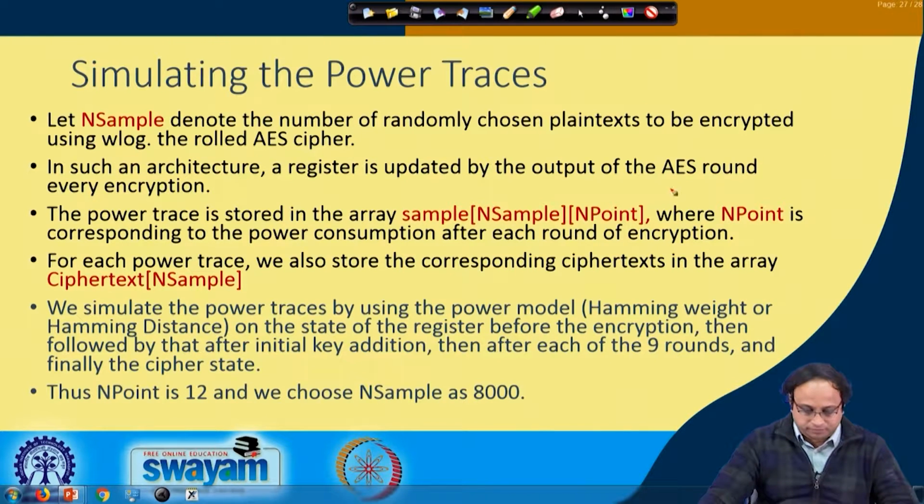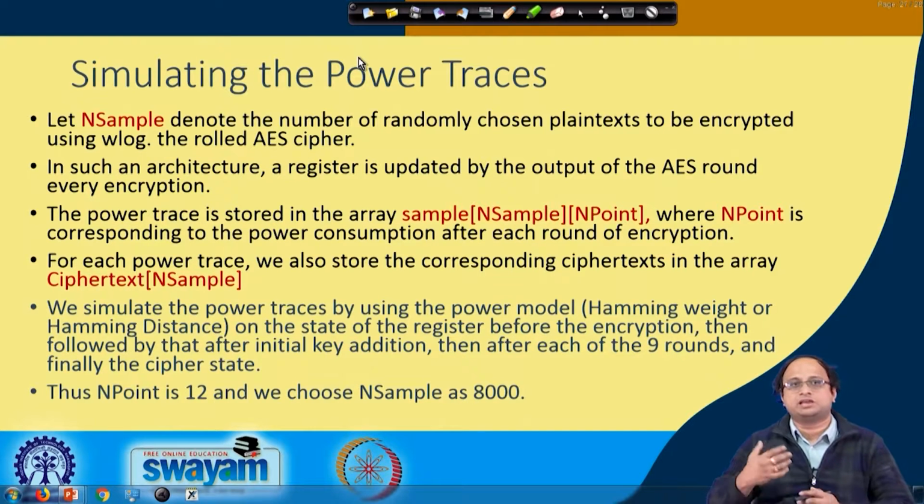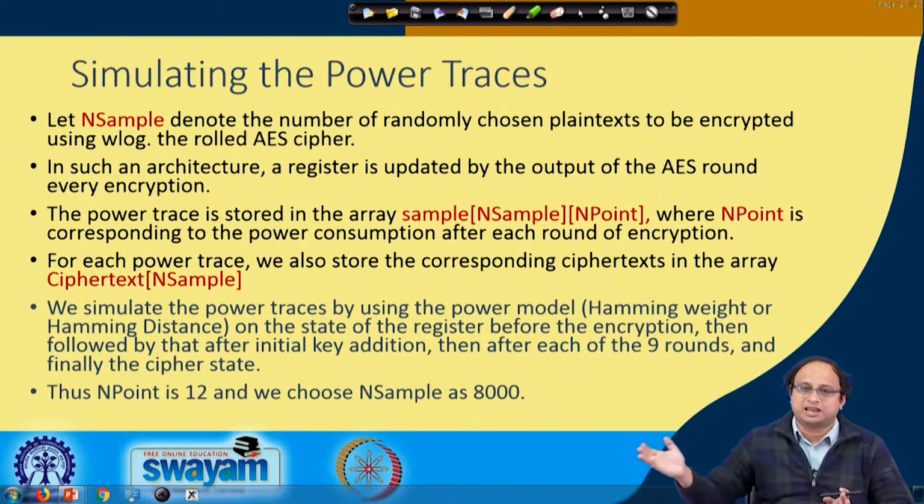Imagine that I do n sample number of such operations. n sample means you are encrypting plain texts, for example, say 1000 plain texts. So n sample denotes the number of randomly chosen plain texts which you are encrypting, that is, n number of inputs.